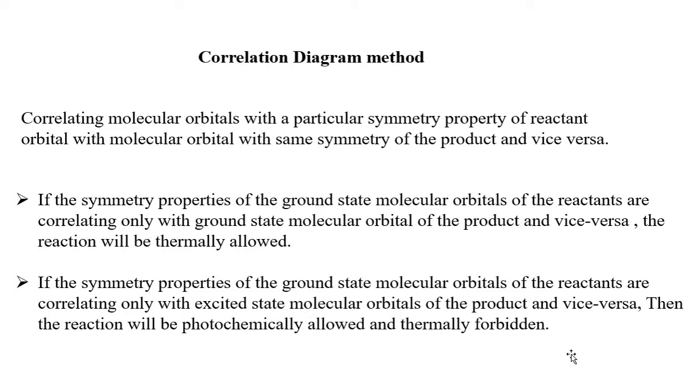That means if the ground state molecular orbitals with a particular symmetry property of the reactants are not correlating with the ground state molecular orbitals of the product, instead it is correlating with the excited state molecular orbitals of the product and vice versa, then the reaction is photochemically allowed and thermally forbidden.